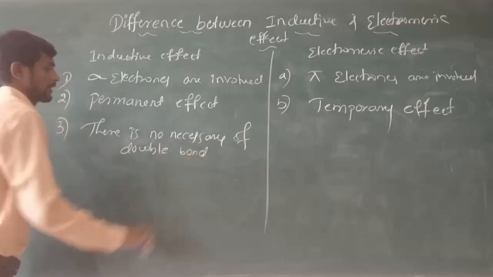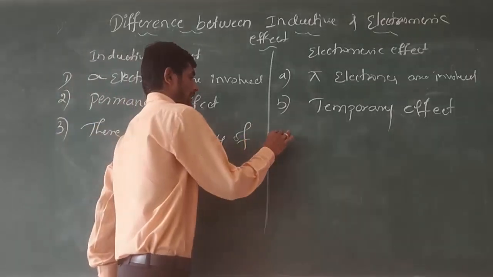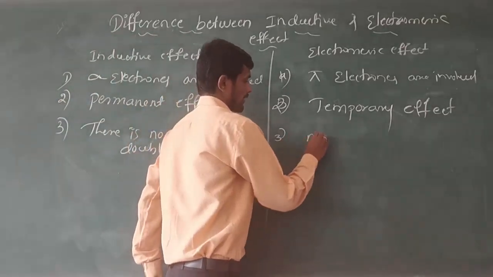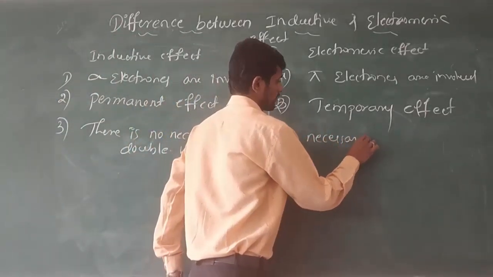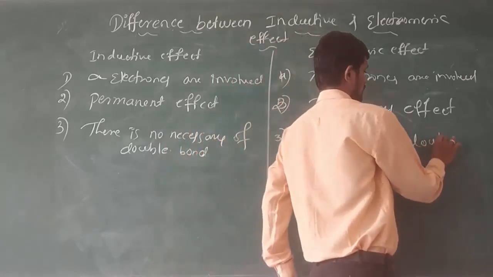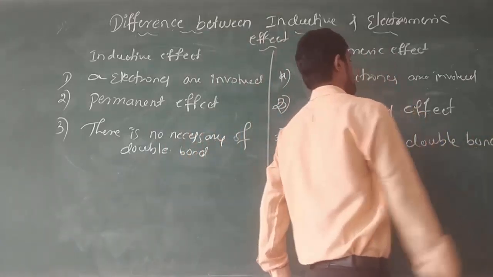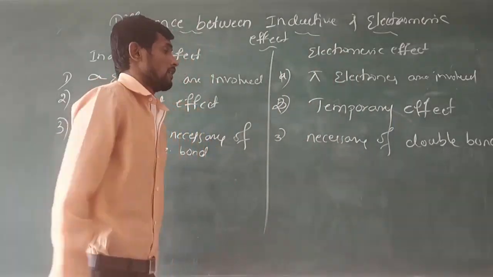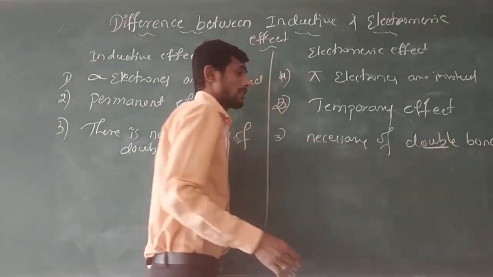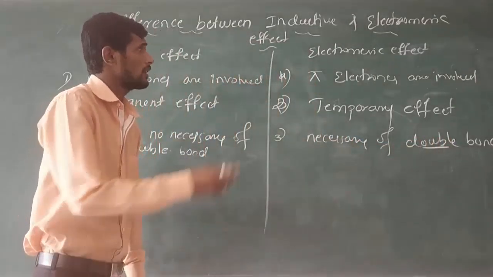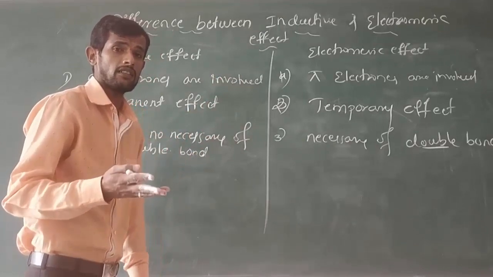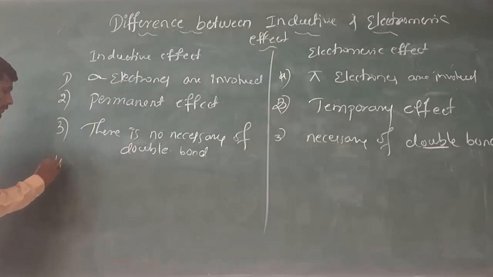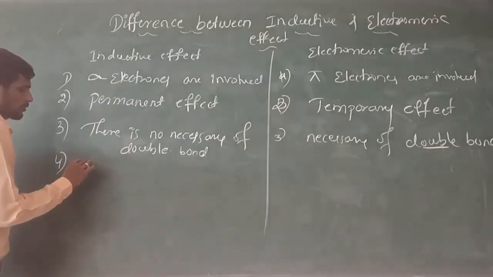No. Therefore, the third point is the necessity of a double bond. Necessity of a double bond or multiple bond, because the electromagnetic effect occurs in either double bond or triple bond containing compounds.